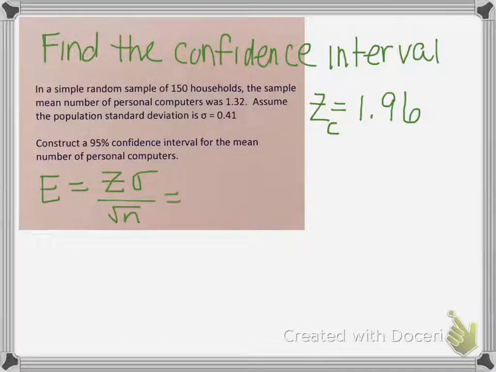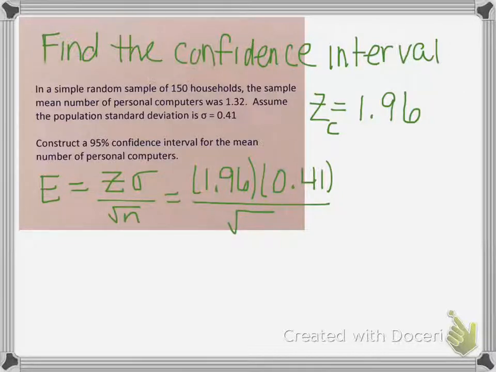Now we just plug in our values. Our Z-score is 1.96, our standard deviation is 0.41, and our n, or our sample size, is 150.